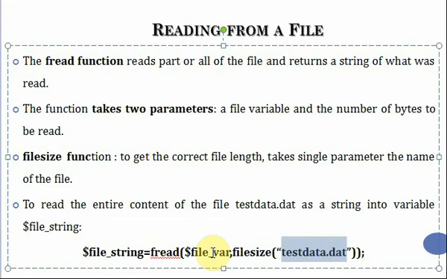So in this example it is going to read the entire content of the file testdata.dat as a string, and it will be stored in the variable called filestring. That is your fread function, and next is the filesize function.